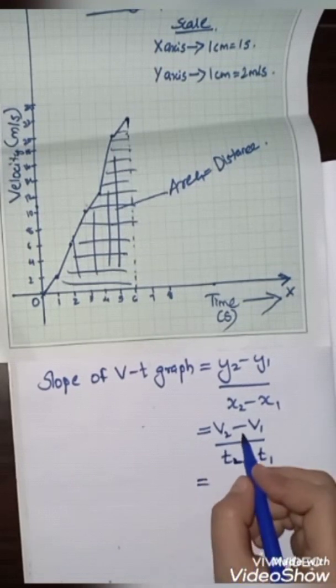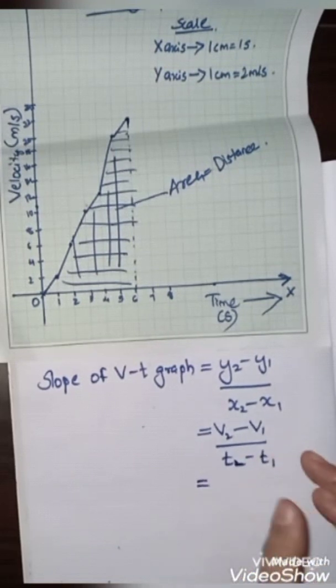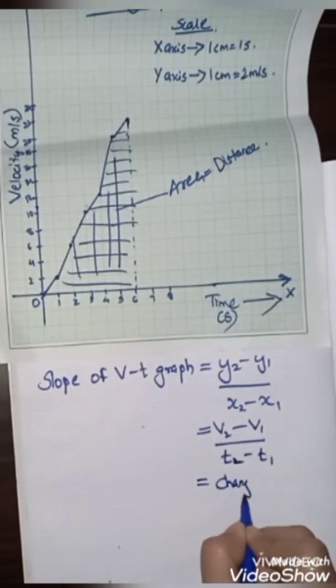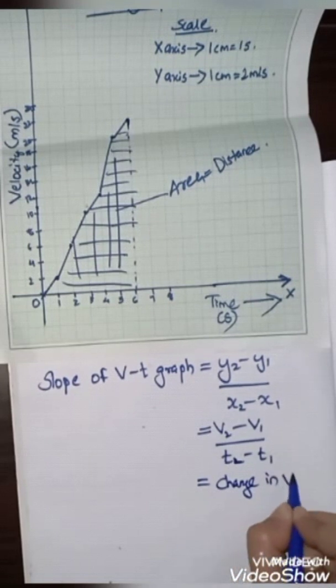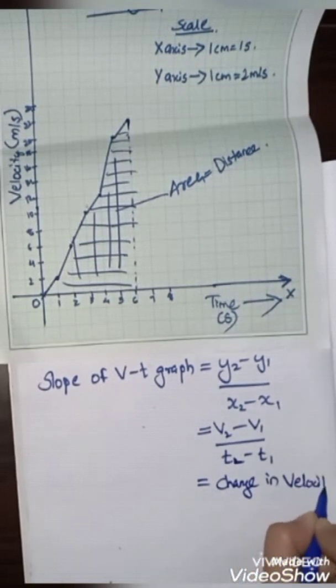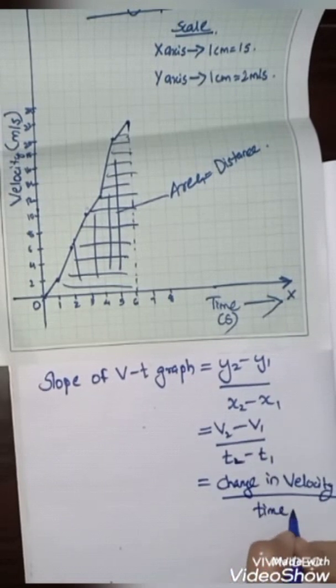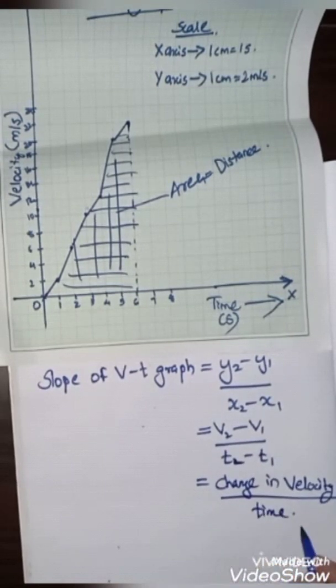Otherwise, we can write this as change in velocity by time. Change in velocity all divided by time. What is change in velocity by time? We already studied that. What is acceleration?